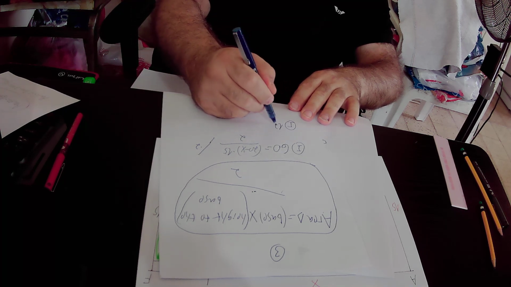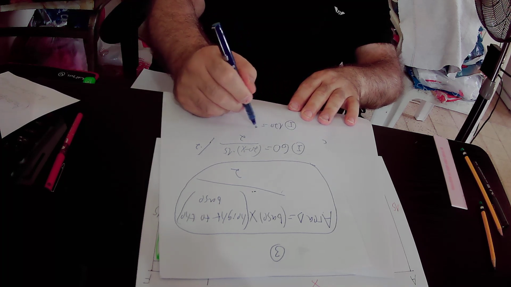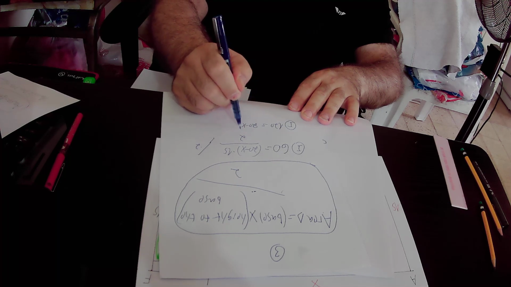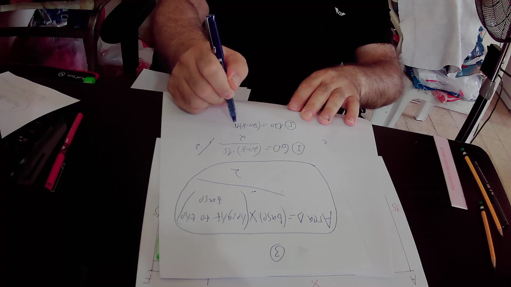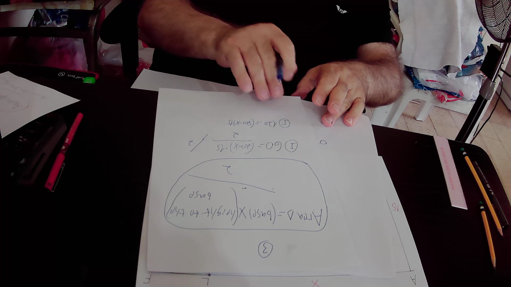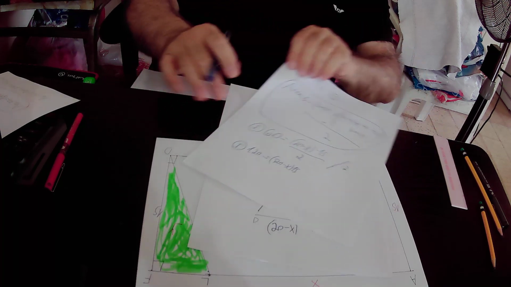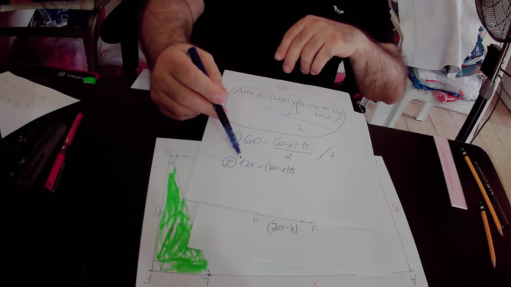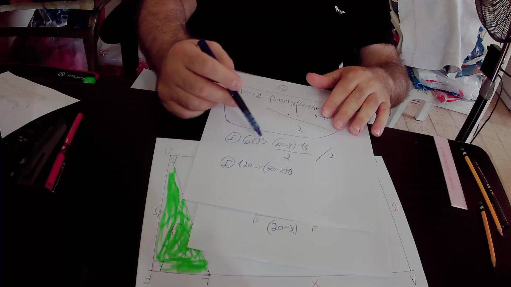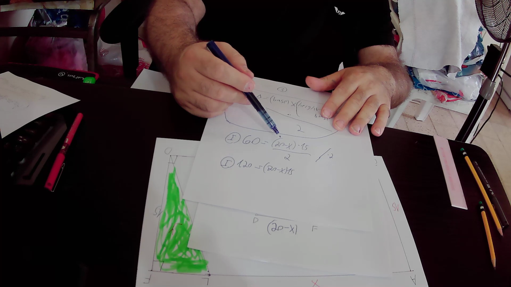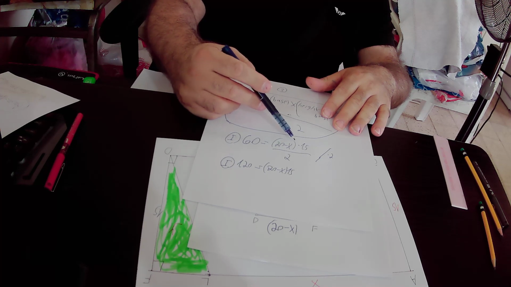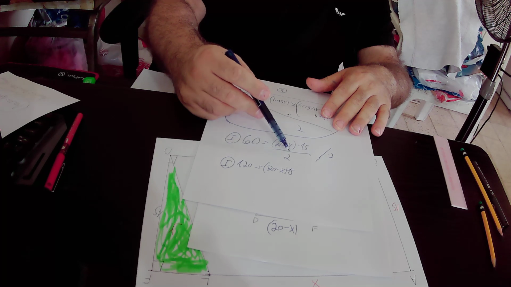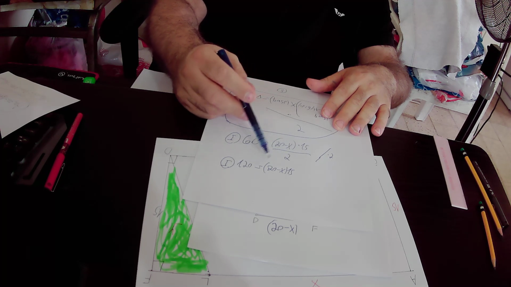We get that 120 equals 20 minus x times 15. 2 times 60 is 120, and on the other side, dividing by 2 and multiplying by 2 leaves 20 minus x times 15.